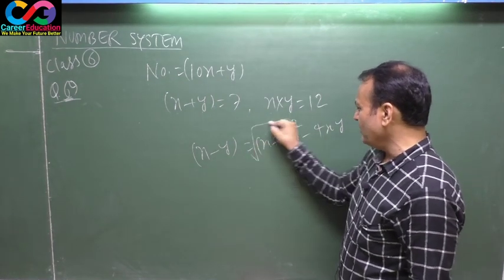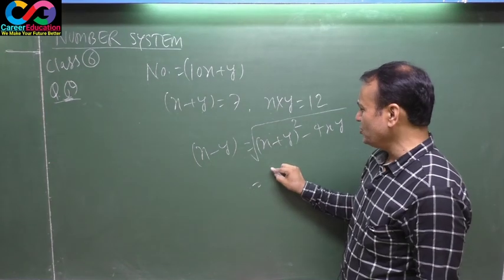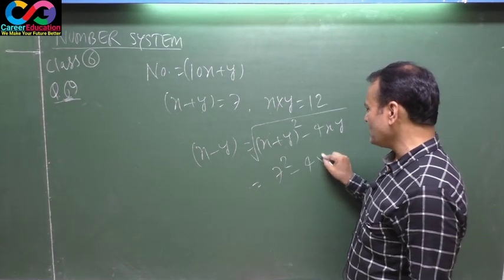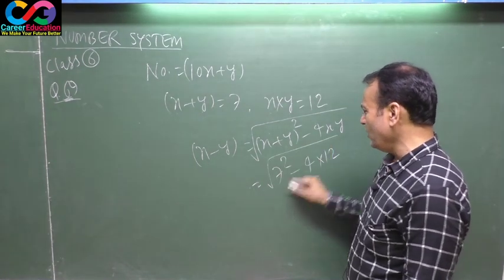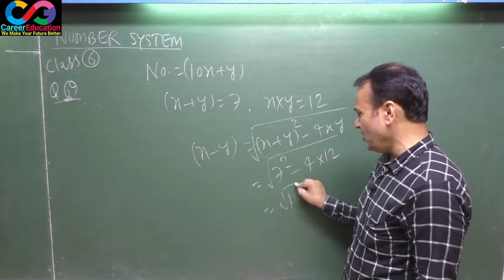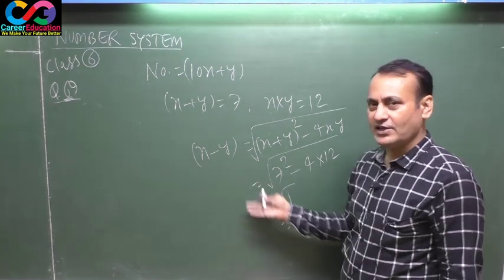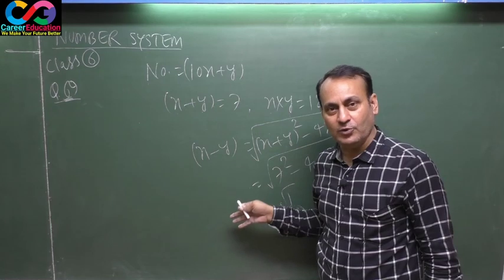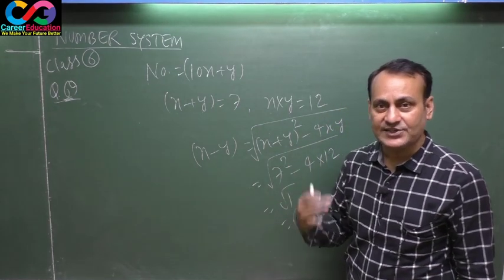That's why here must be a sign of square root. This is under root of 7 square minus 4 into 12, under root 49 minus 48. This is under root 1, and finally you got the answer. Difference of the numbers is only 1. This is your final and correct answer.